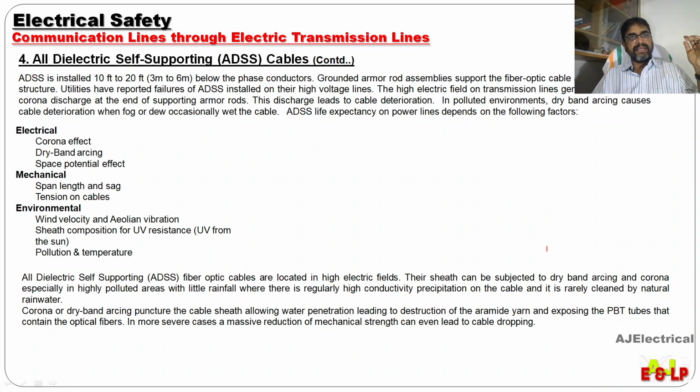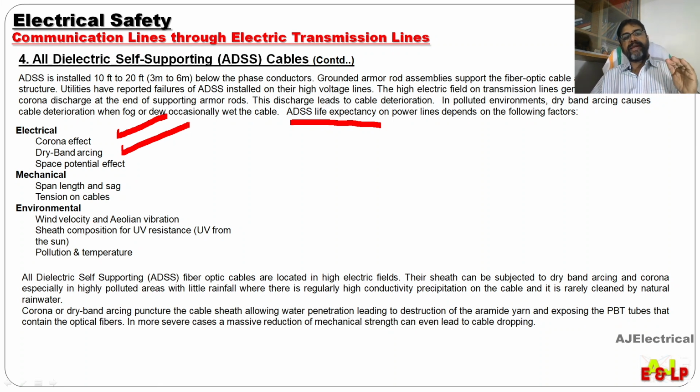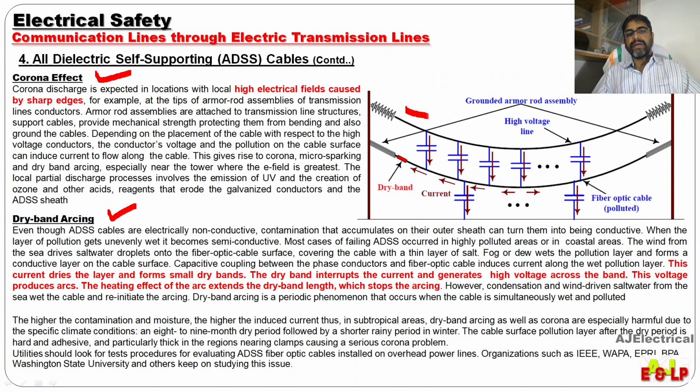Actually, ADSS has some disadvantages. Its life goes down for some reasons explained below, but I am explaining only corona effect and dry band arcing. In the picture you can see the phase conductor, and below that the fiber cable. What is the problem? The fiber is connected to the poles with mechanical supports, and these supports may have sharp edges.